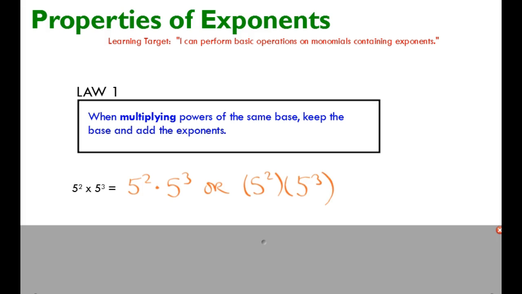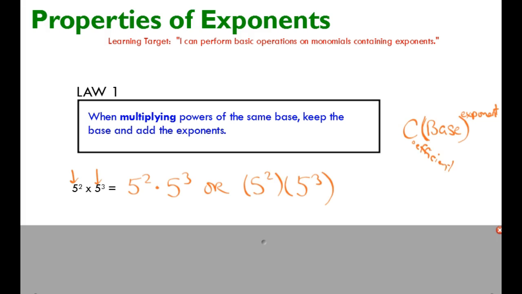So if we apply the rule, they have the same base, so the 5 is considered the base at this point because that is what the exponent is attached to. If we were to make a little map of what all these things are called, this would be the base, this would be the exponent, and then this right here would be the coefficient.